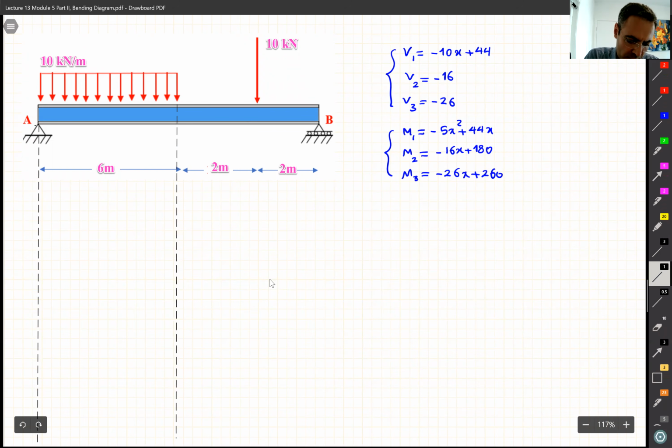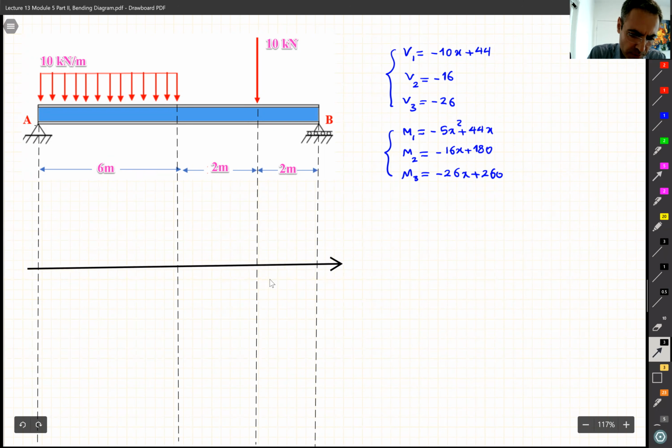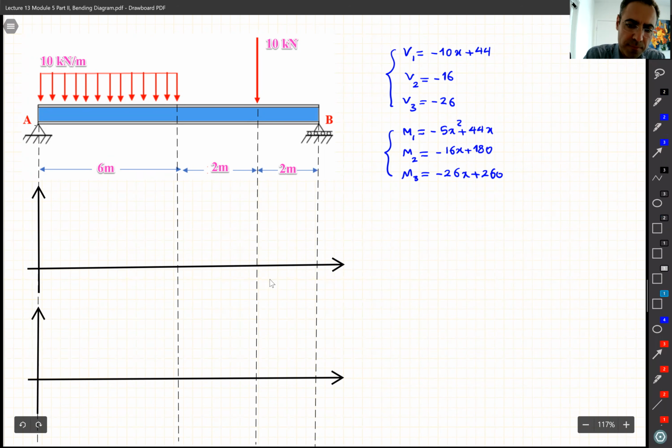So again, I draw the boundaries, and then I draw my V and M axes. This is V and this is M. V, X, M, X.